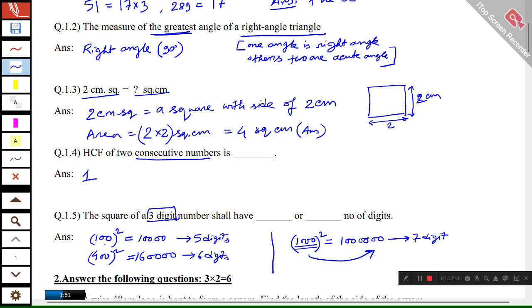So the square of a 3-digit number is either 5 digits or 6 digits. কারণ 4 digit এর square করলে পাচ্ছি 7 digit. You may also find that 999 square, you can check that this is also a 6 digit number.